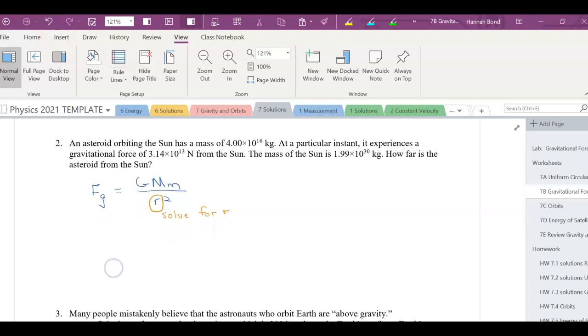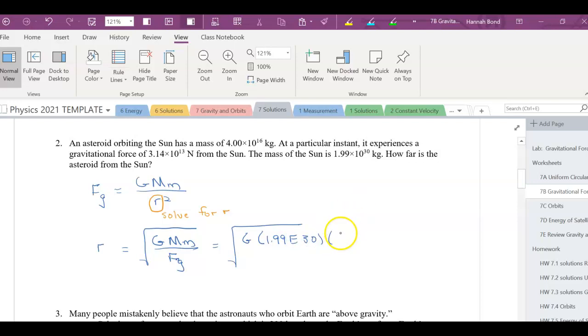Okay, so we can bring r out of the denominator, and it's going to equal GMm over the force of gravity, and I'm going to have to take the square root since r is squared. So G times the mass of the Sun, which is the larger mass, times the mass of the asteroid, and then the gravitational force that is being experienced is 3.14 e to the 13th.